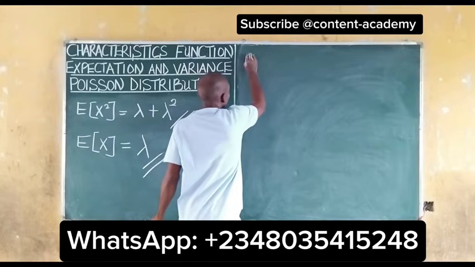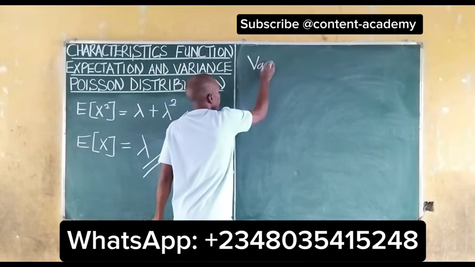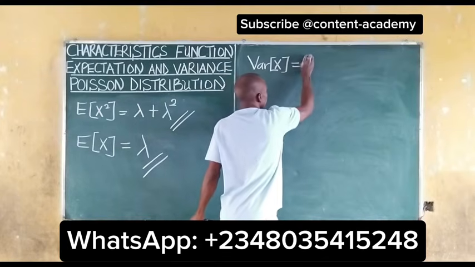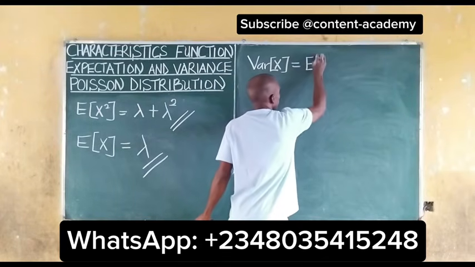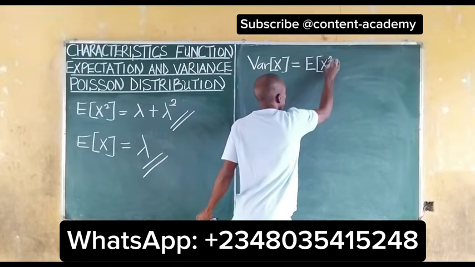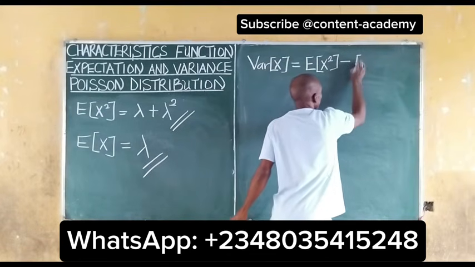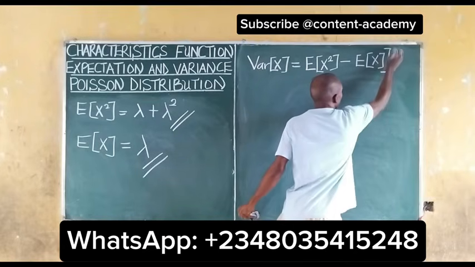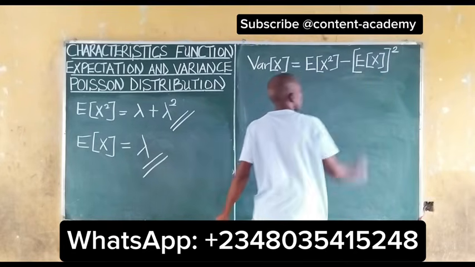So we know that our variance of x is equal to the expected value of x squared minus the expected value of x, all squared.